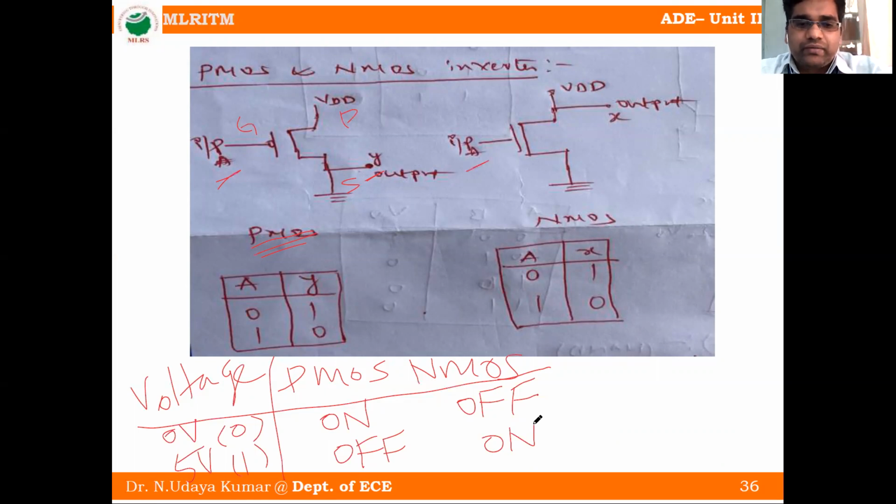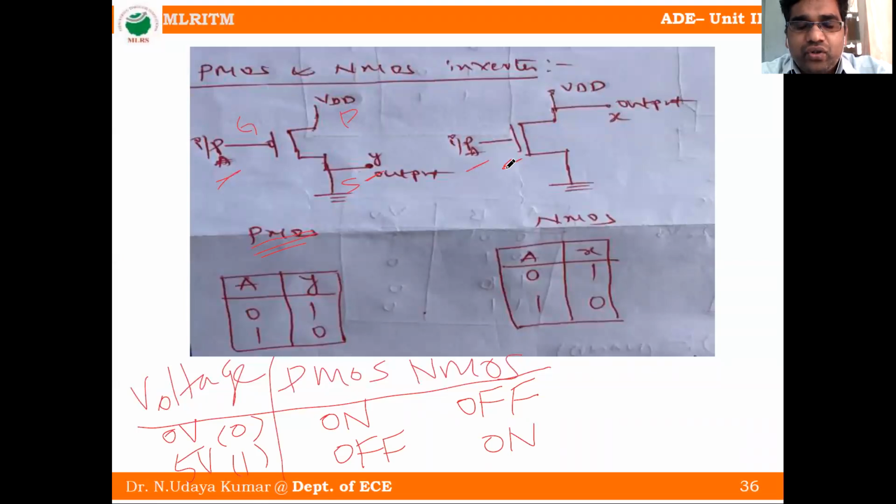You can observe that when low voltage is given to the PMOS transistor, it is on. If high voltage is given to the NMOS transistor, it is on. You can simply remember: if a bubble is there, we call it a PMOS transistor. If a bubble is not there, we call it an NMOS transistor.